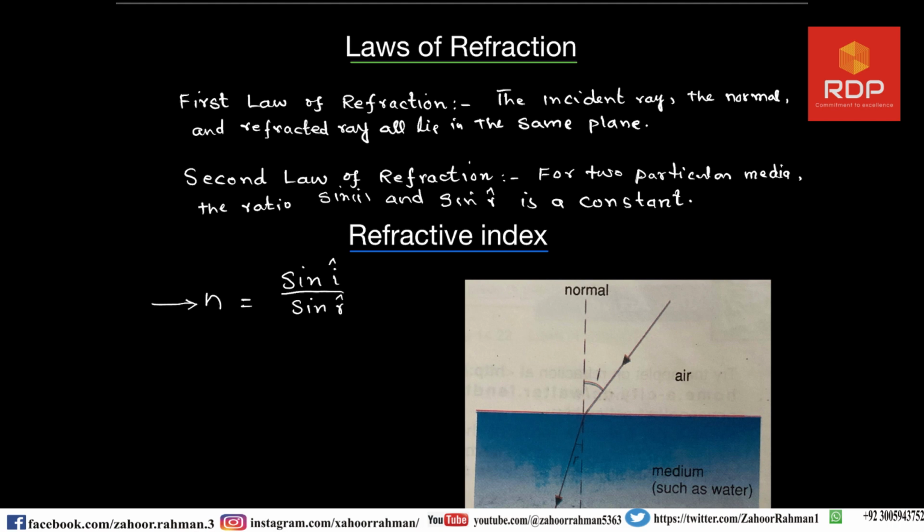Now a table is given to you, showing the refractive indices of some optical media, of which diamond has the greatest refractive index while air has the smallest refractive index.